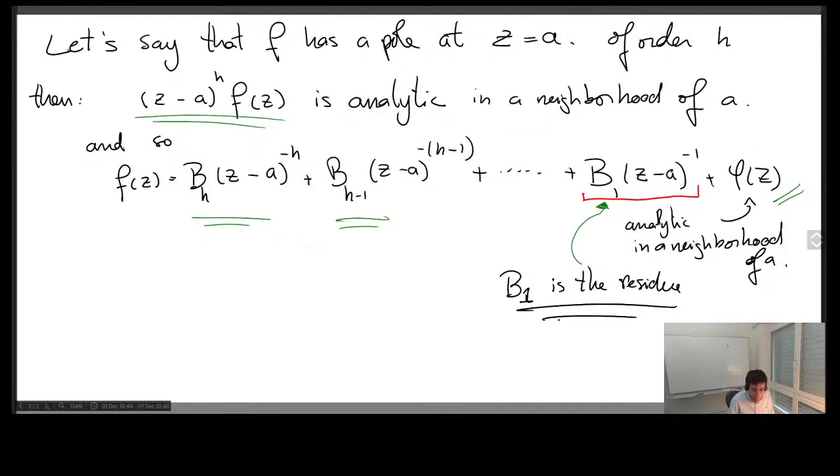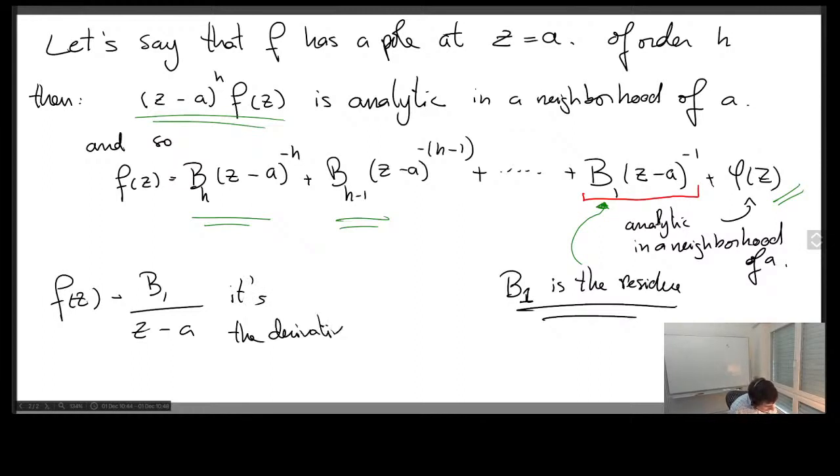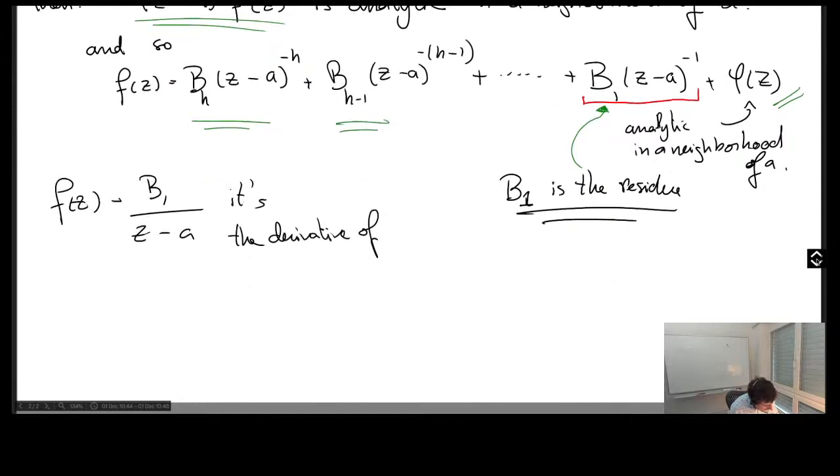Why? Because if I take f of z minus b_1 over (z minus a), then it's the derivative of something, of a function, and then in the annulus.